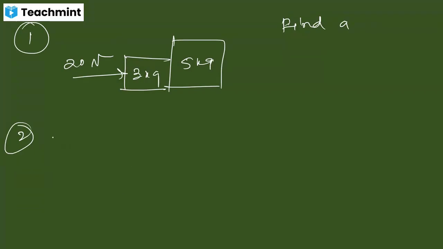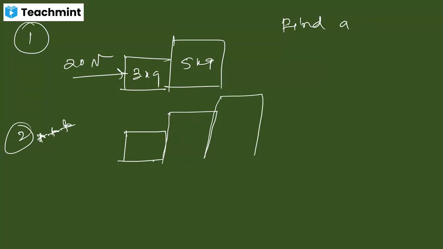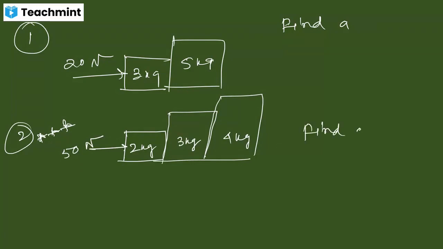This is a level question, that means you can try it just for your try. Let's see how much you can think. 2 kg, 3 kg, 4 kg. A force of 50 Newton I am applying here. Find the acceleration.